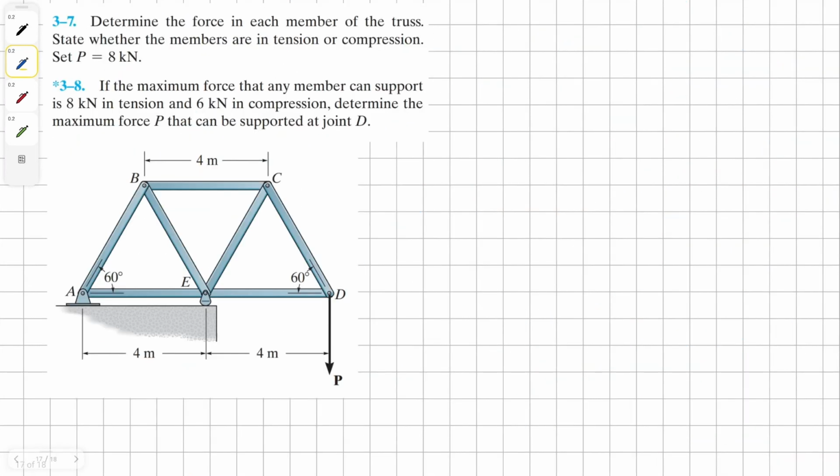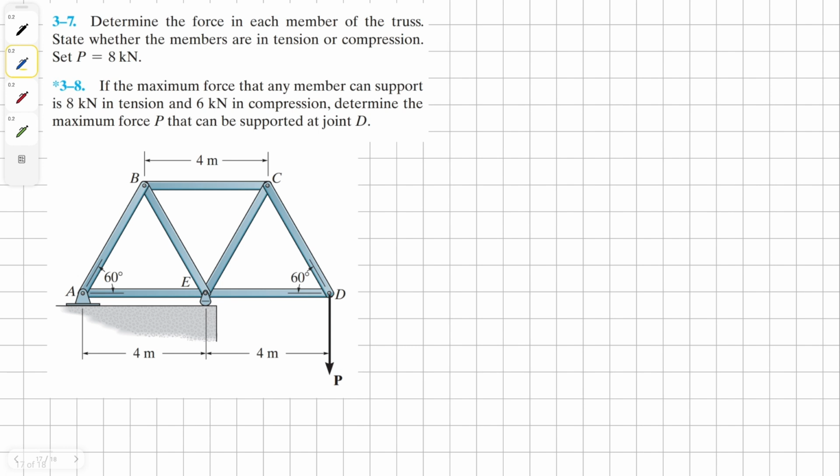For the second part of this problem, we have to determine the maximum force P that can be supported at joint D if the maximum tension in the members can be only 8 kilonewton and compressive force 6 kilonewton as the max.